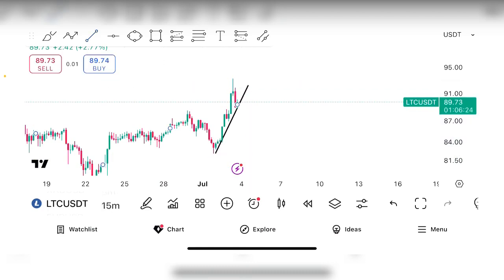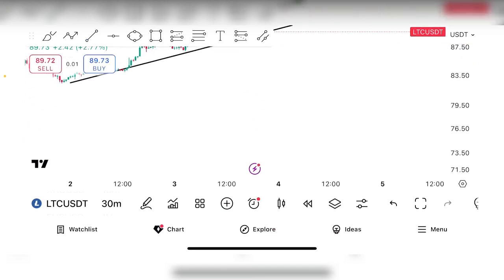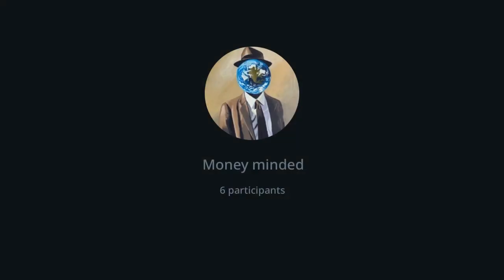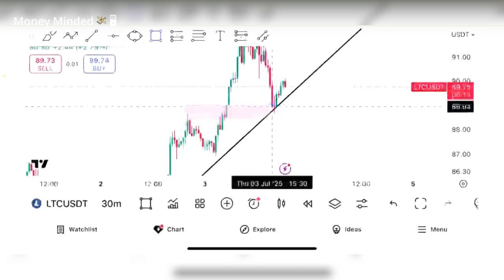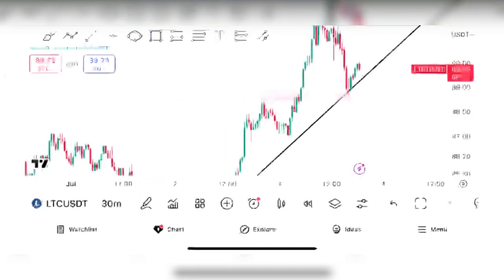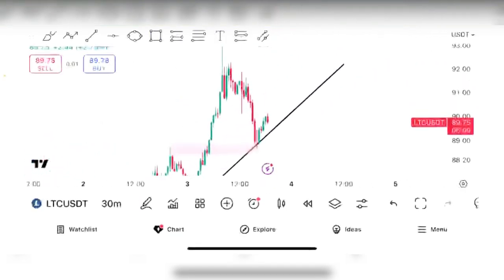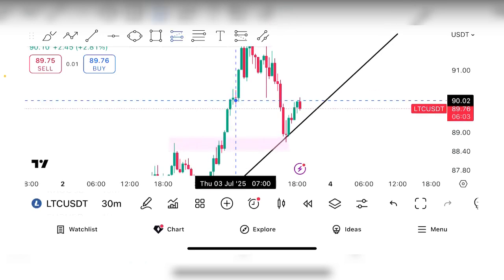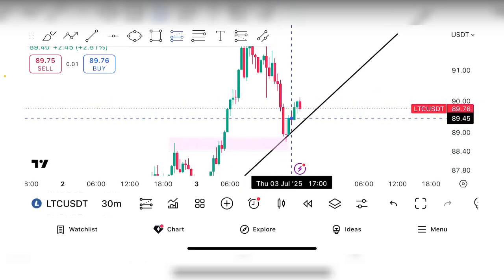Mini uptrend. We can go down to 30 minutes to look for some entry, and we have a perfect 30 minutes time frame. So we didn't see this on time, or we would have taken this buy. There is actually a perfect buy on the 30 minutes.